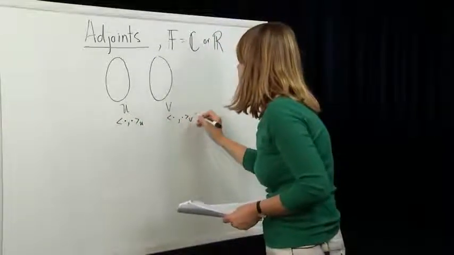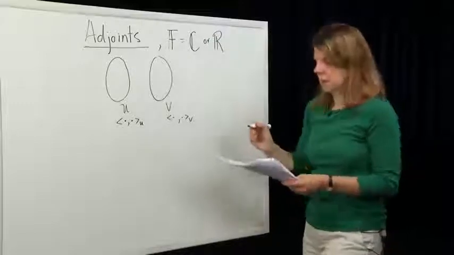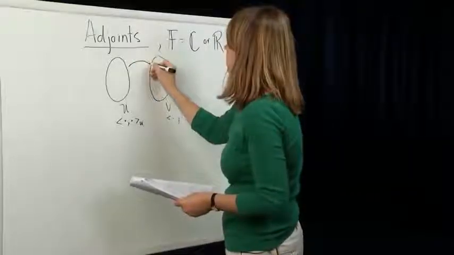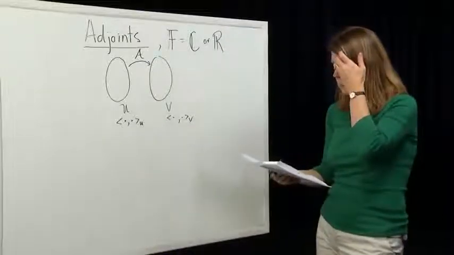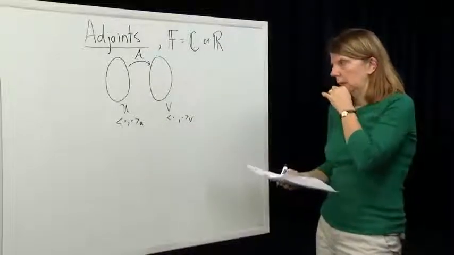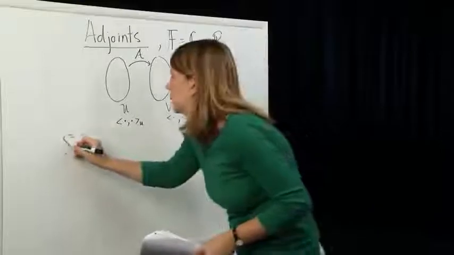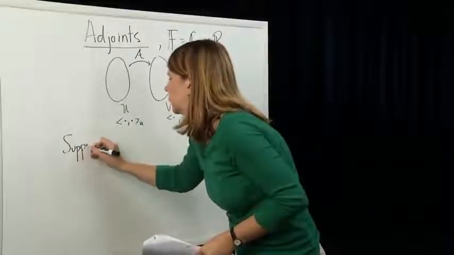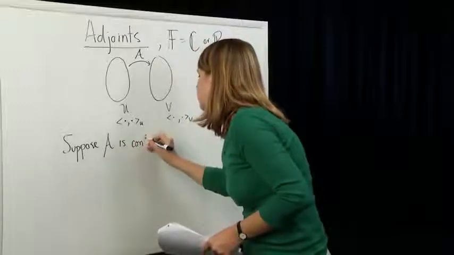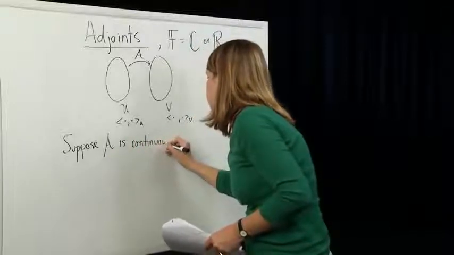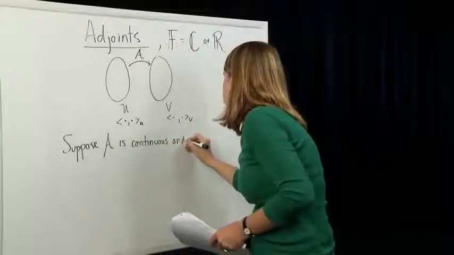on V. And let's think about a map, A, from U to V. Suppose A is continuous and linear.